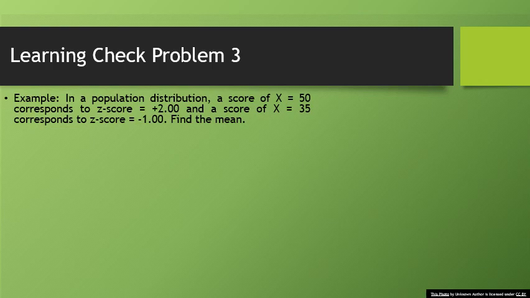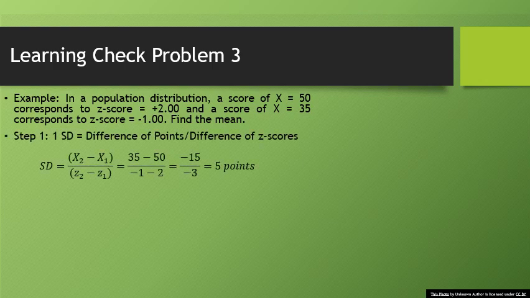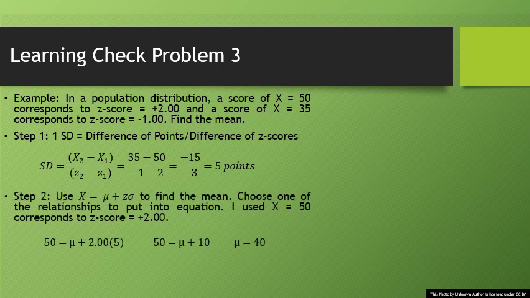Learning check 3. I'm given 2 corresponding z-scores and x-scores. Asked to find the mean. Again, I do the difference of points divided by the difference of z-scores. So 35 minus 50 over negative 1 minus 2 equals 5 points difference. And then I use the x equals equation to find the mean.